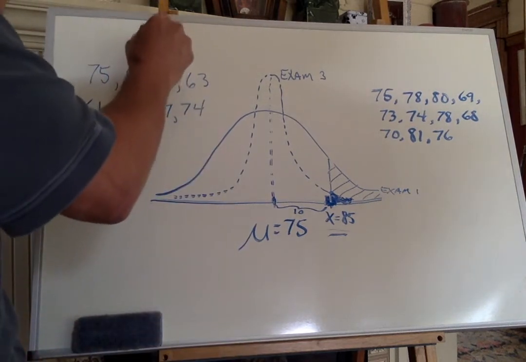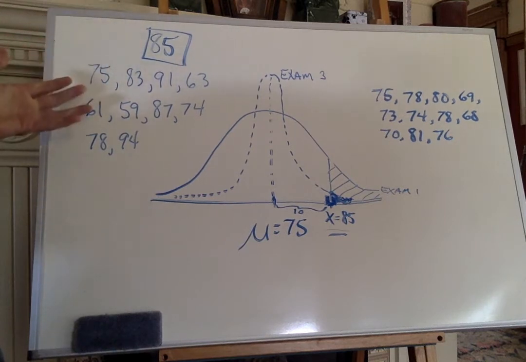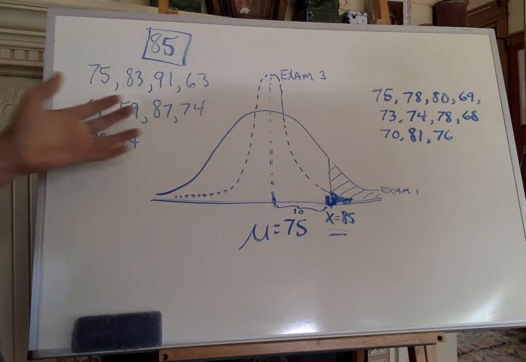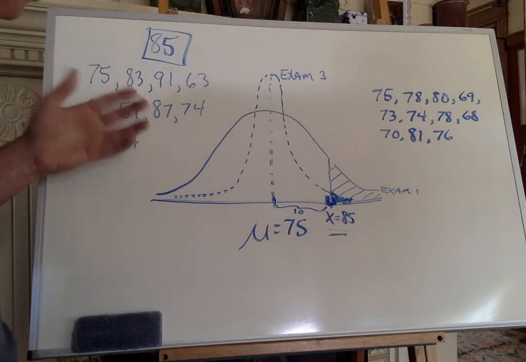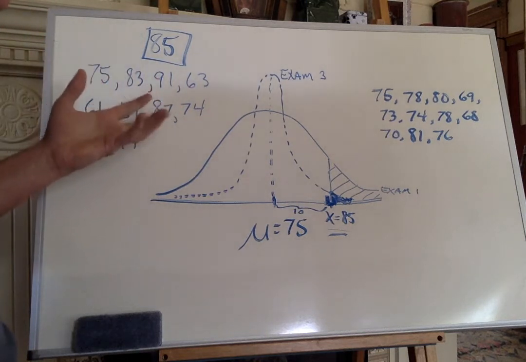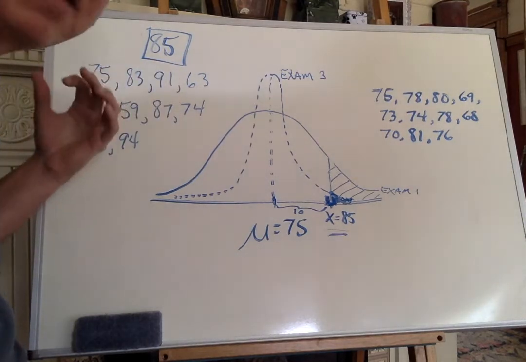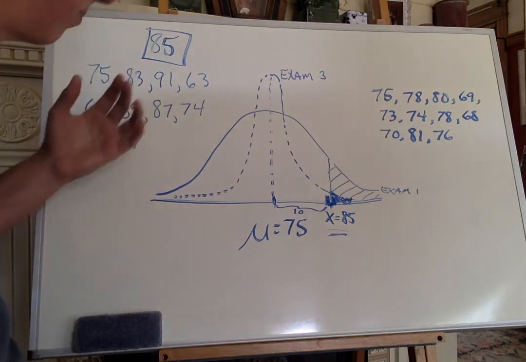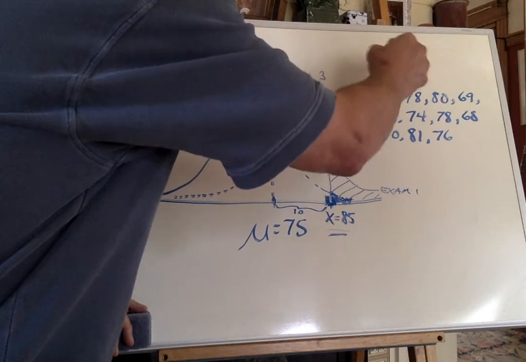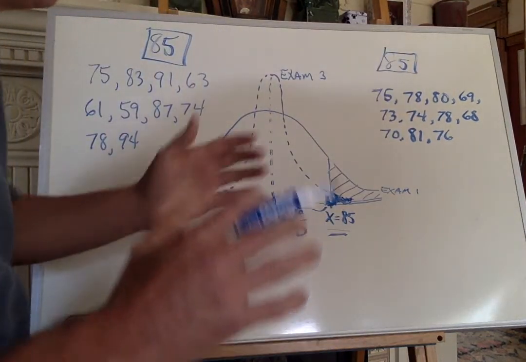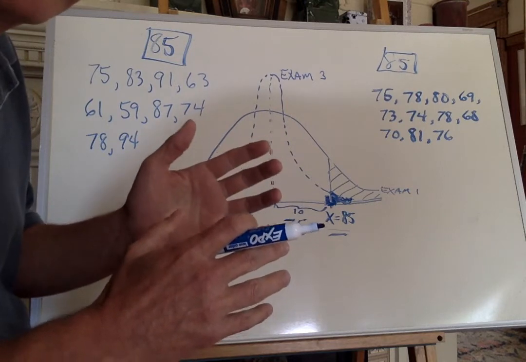If I scored at 85 here, well, that sort of gets lost in the traffic, right? It's certainly above average, but there's lots of people that are 10 points above the mean. There's lots of people that are 10 points below the mean, and even more. Over here, my score is 85, but all of those scores are really tight around 75.